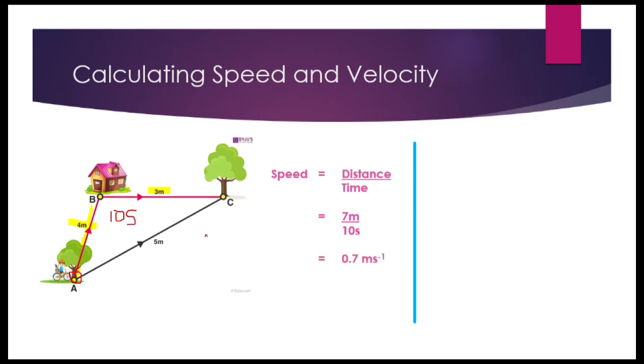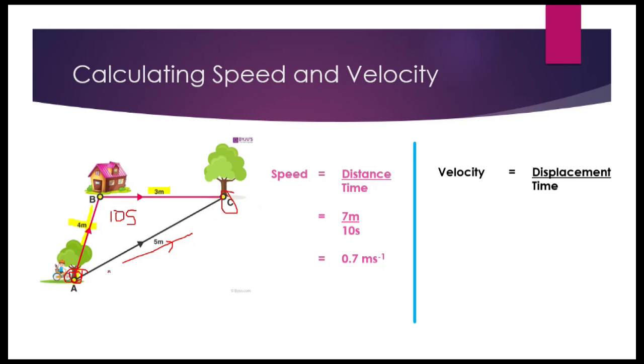And after that, you have to find the velocity. To find the velocity, you have to divide displacement by time. As I explained previously, first you have to find the starting point, then the end point, and draw a line between them.